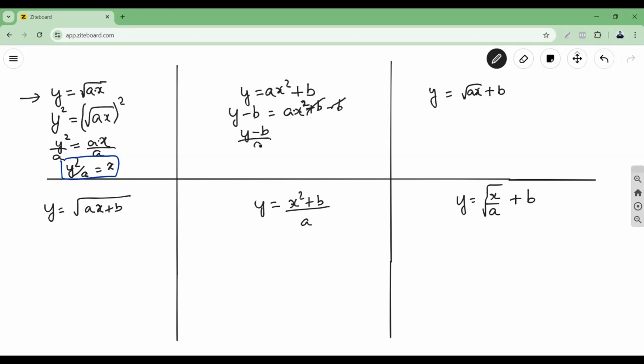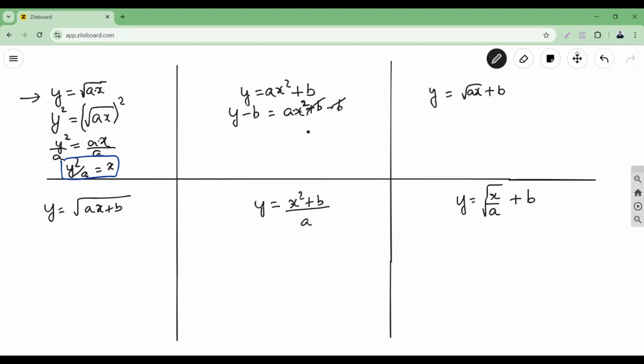So y minus b by a. Now, why do many students make a mistake in this place? They write y by a minus b. Why is this wrong? It is because a is divided, so it should be divided for the entire thing, correct? On the entire left side and the entire right side.